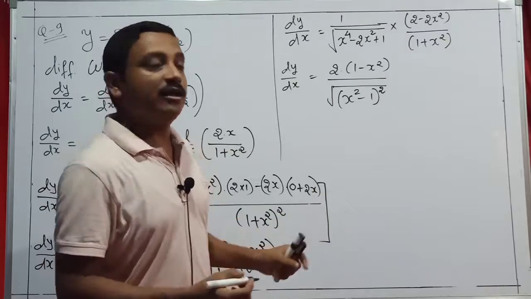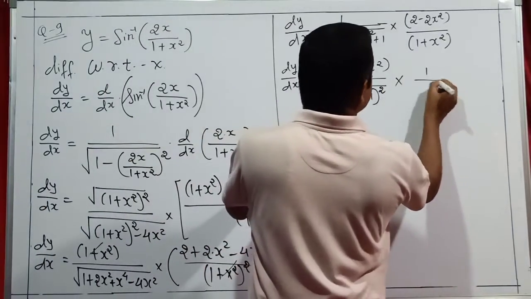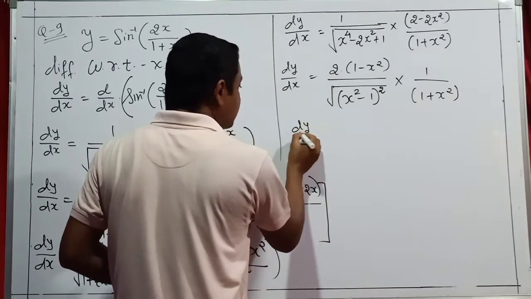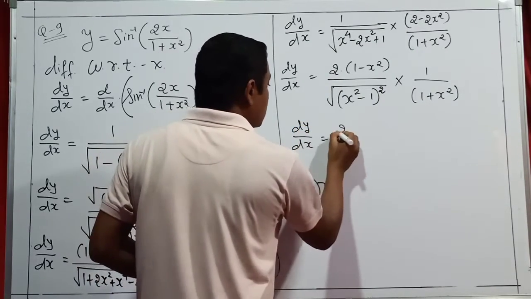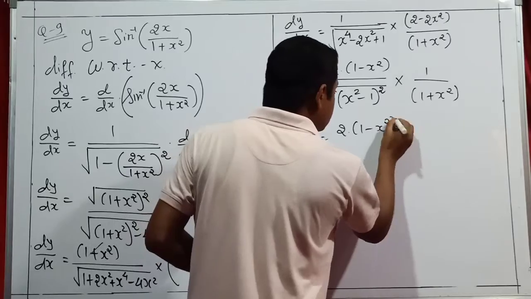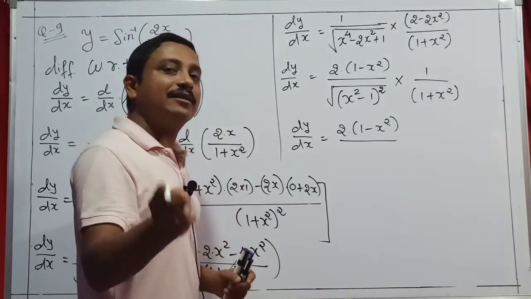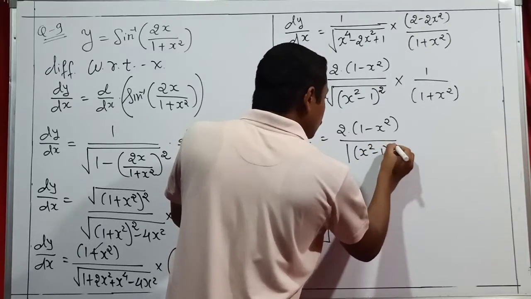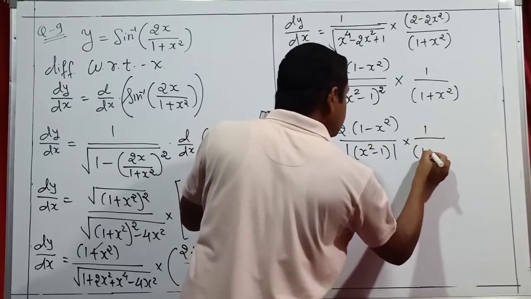Therefore, I am taking the modulus here, and the same as 1 plus x square. Students, I create this answer in the modulus function because there are two answers, one positive, or negative. So here modulus of x square minus 1, and these are the same.